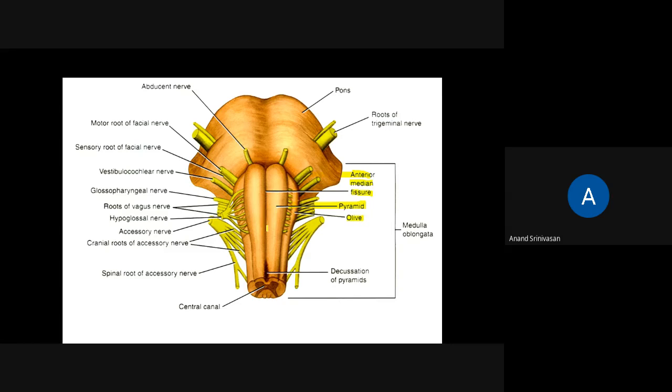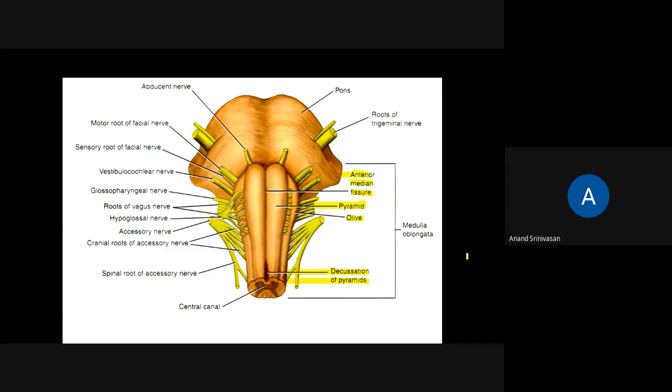As you come down, here you can see the decussation of pyramids. What is this decussation? Crossing over. While we were discussing the cerebrum, I told you that the right cerebral hemisphere controls the left half of the body, whereas the left cerebral hemisphere controls the right half of the body.